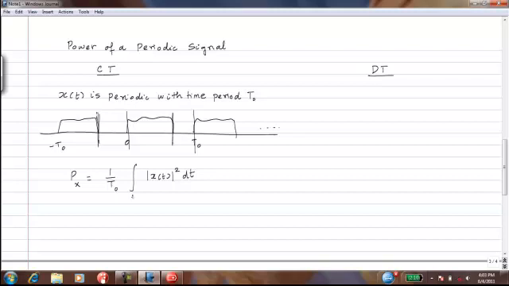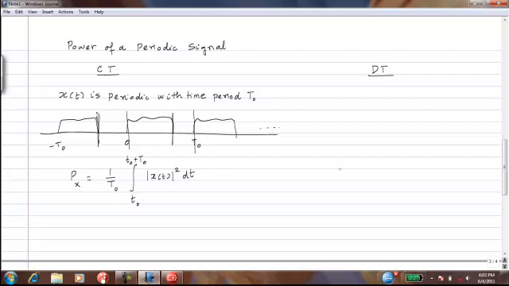So I could choose any small t naught and integrate from small t naught to small t naught plus capital T naught of the magnitude squared of the signal. Often you want to choose the small t naught so that it makes your integral easier to evaluate. That's really all it is.